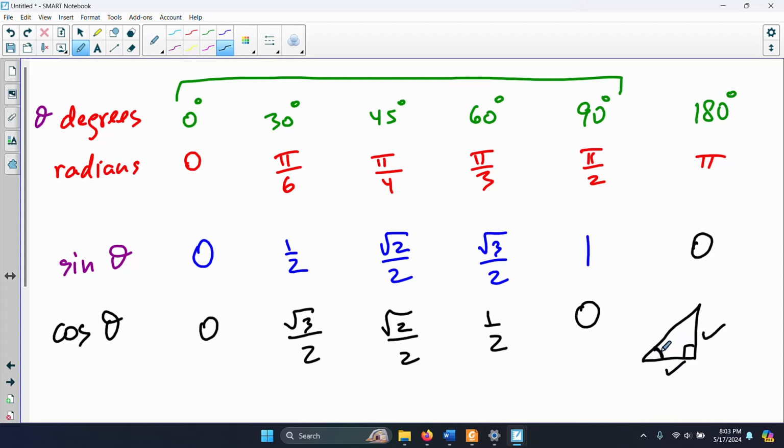For a 45-degree angle, this one's 45, this one's 45. It's an isosceles triangle, meaning the sides are the same, and you have a hypotenuse here. So whether it's opposite or adjacent divided by hypotenuse, it's going to be the same value, same number. That's why these two are exactly the same.